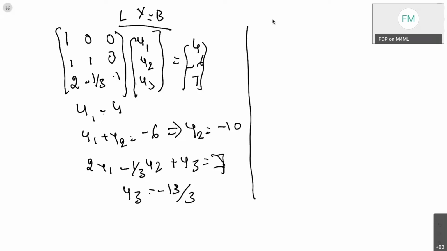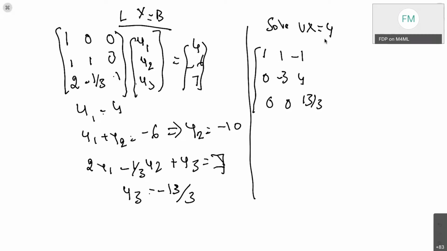Similarly, we have to solve Ux = y, since we have obtained y. The matrix U has rows 1 1 minus 1, 0 minus 3 4, 0 0 13/3.